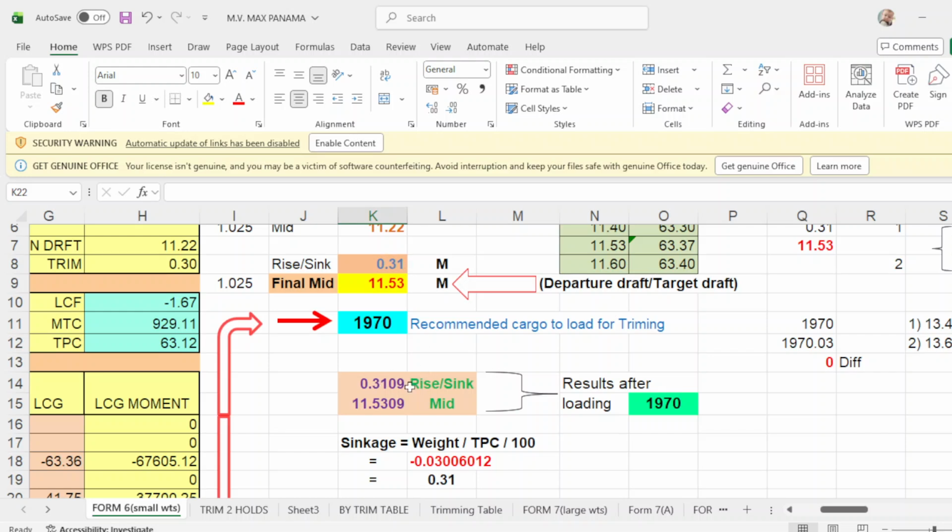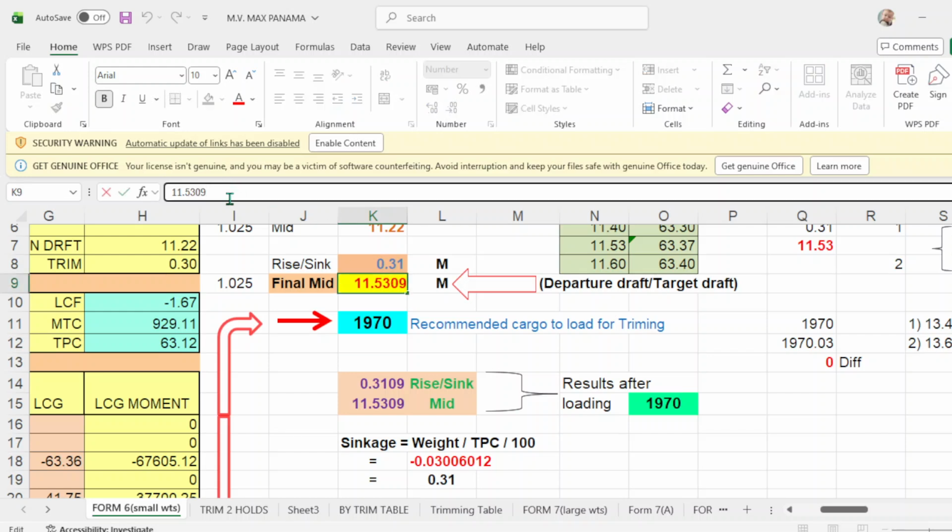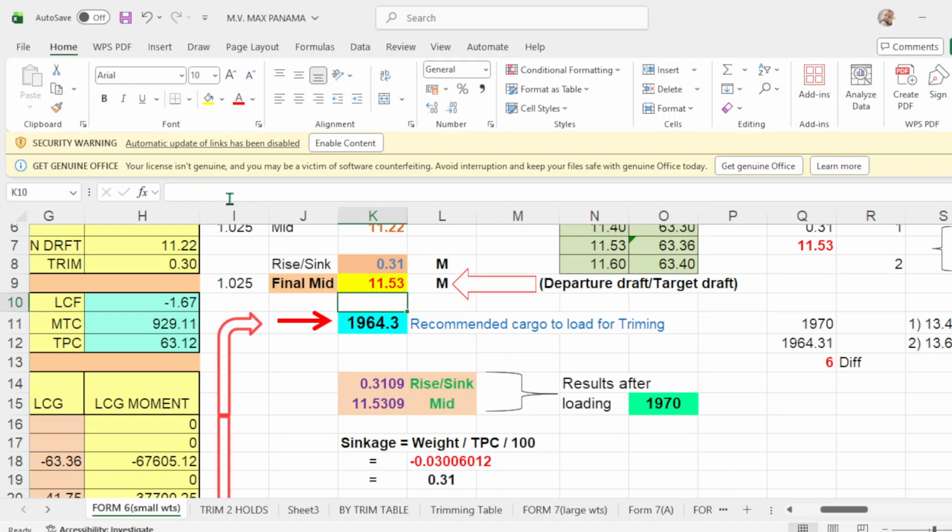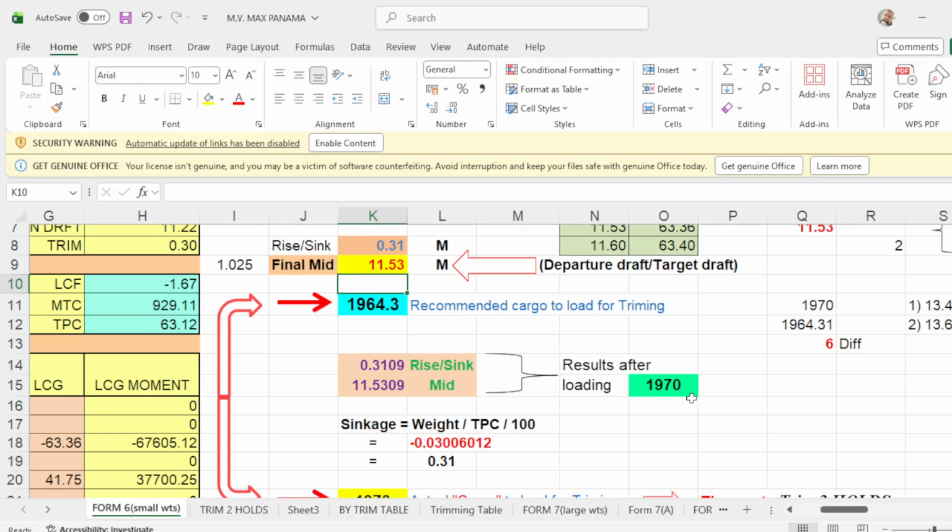What happens if we use the exact recommendation of the 53? And what happens if we use 1964.3? Okay, so take note, if we use 1970, there's an excess of 09.